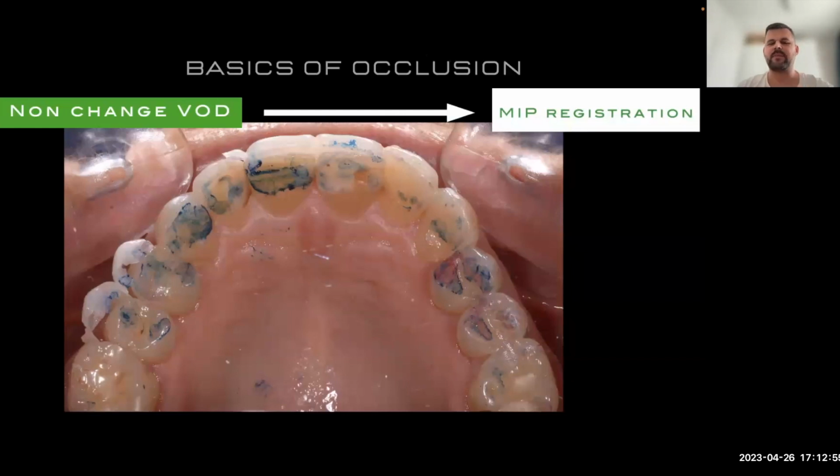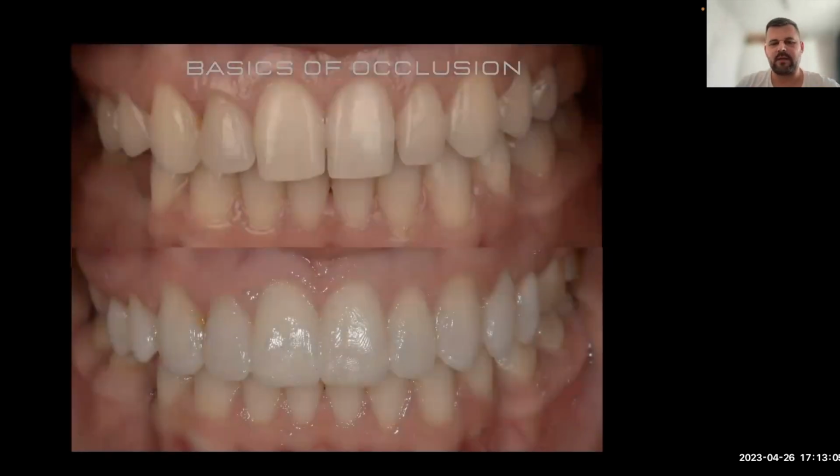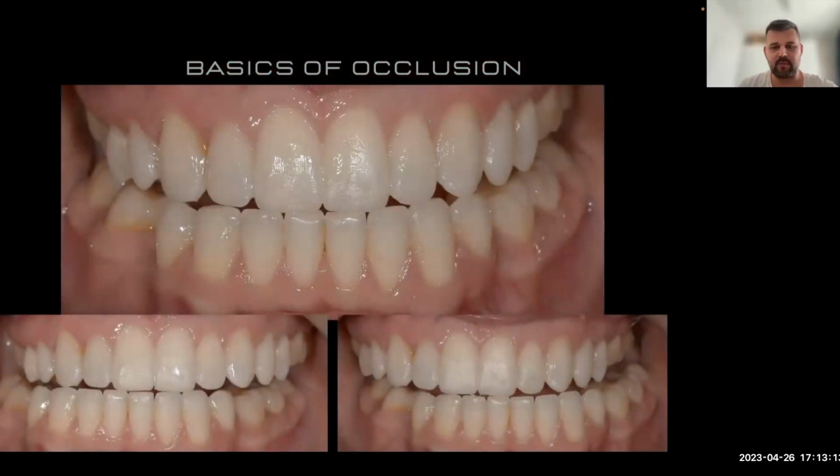So it's very important to find a solution to show the patient whether it will work or not. I like also these pictures, this initial situation and the situation with the mock-up. I like taking these pictures, for example, edge to edge when the patient tries to bite, and we know that the contact is supposed to be only on the central incisors.